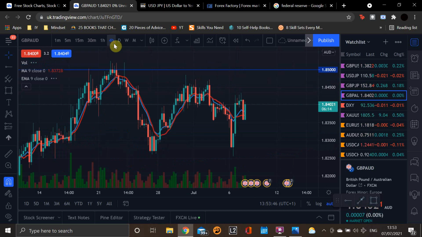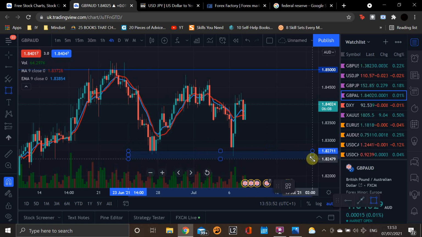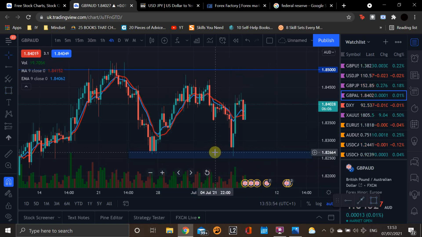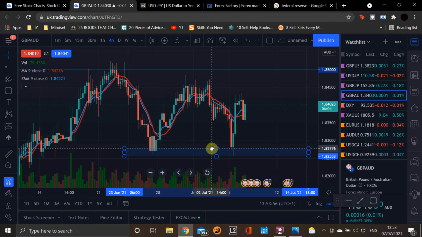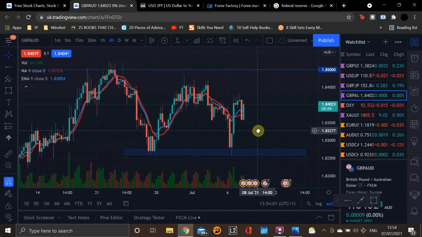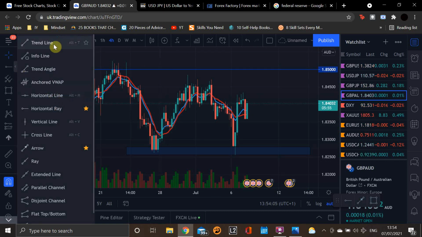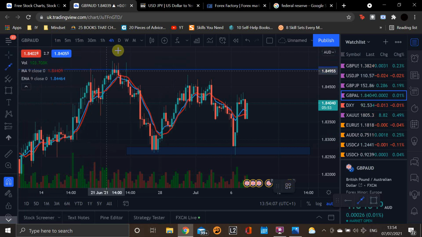4 hour. Slight resistance here. Sorry, slight support here. Maybe a slight downtrend as well.